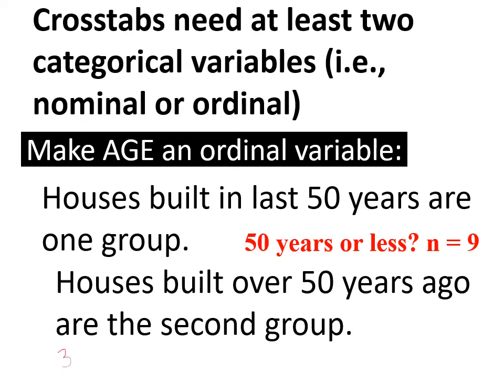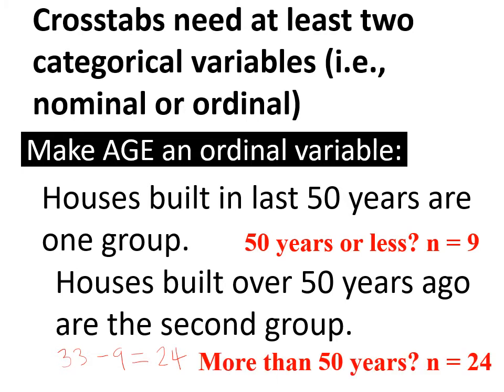But if there are 33 observations and 9 of them are 50 years or less, then 33 minus 9, we should have 24 houses that fall into this second group. And let me just see our notes. Yep, so more than 50 years. So N, our sample size in that case, is 24.